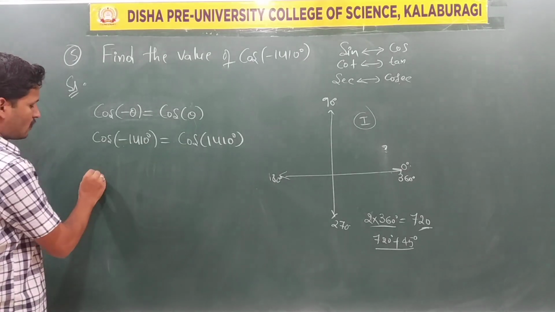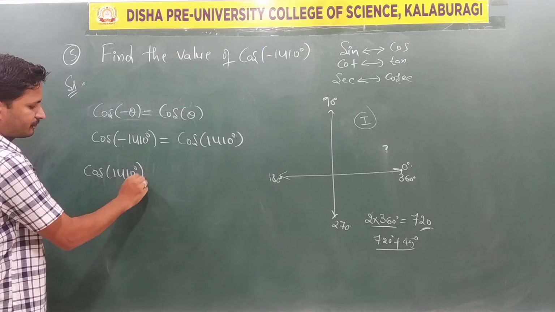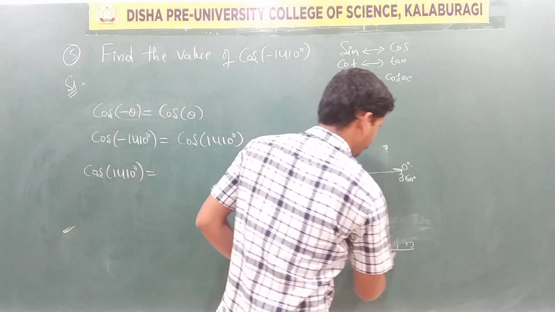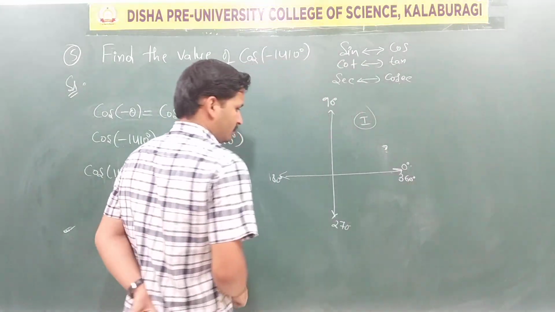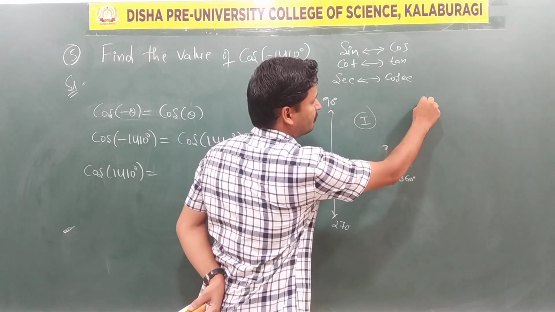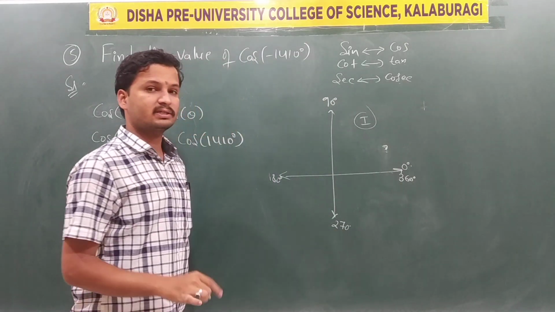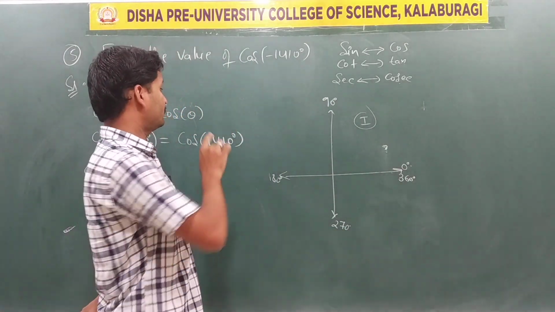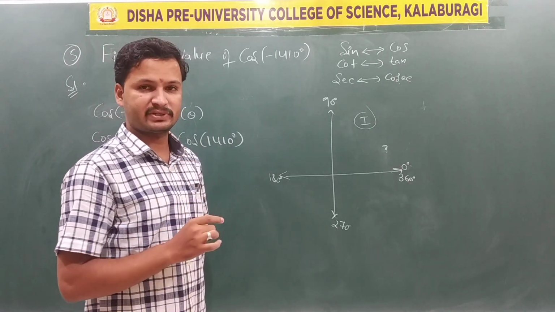So again, cos of 1410 degree, how to express? See, 360 into 2 is 720. Here 1410 means 720, two times.